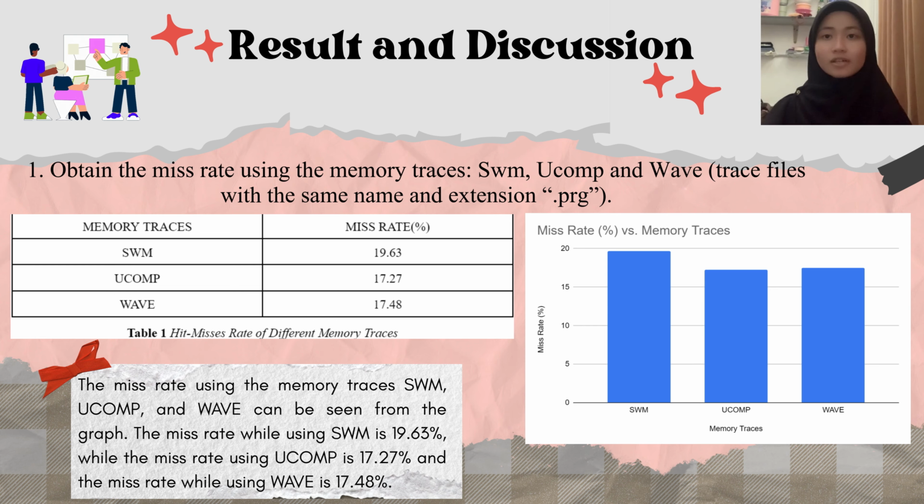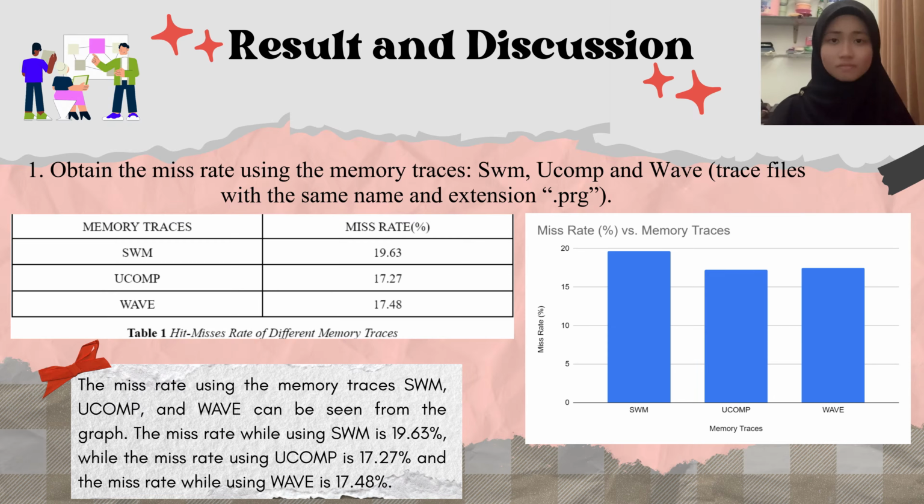The SWM trace recorded the highest miss rate at 90.63%. On the other hand, UCOM showed the best performance with the lowest miss rate at 17.27%. The WAVE trace falls between the two with a miss rate of 17.48%.